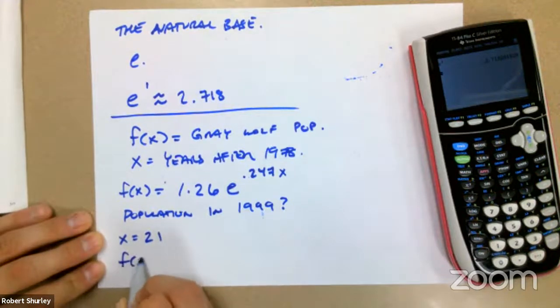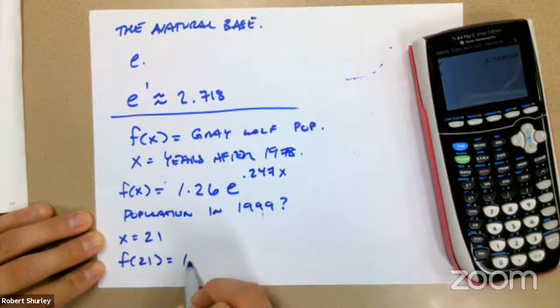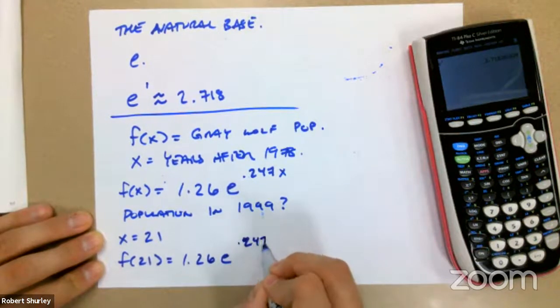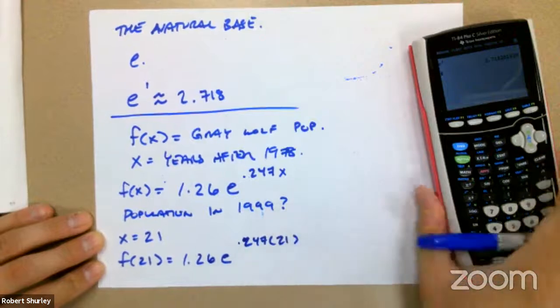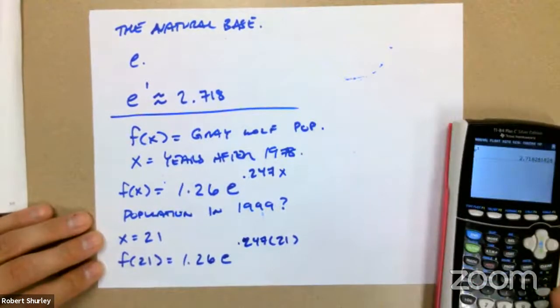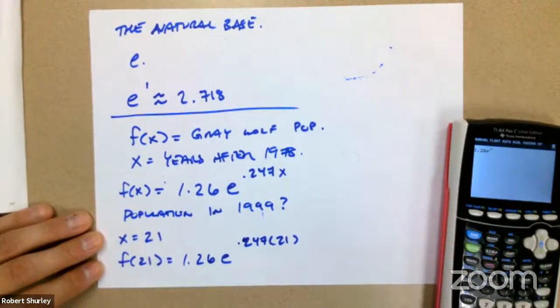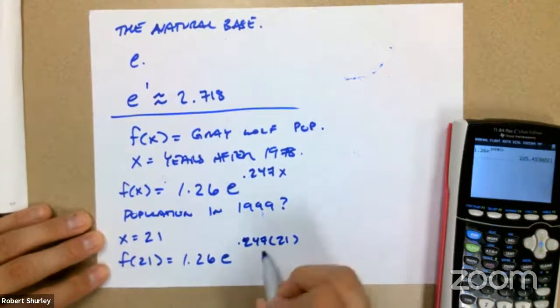We're going to plug it in. F of 21 would be 1.26 e to the 0.247 times 21. So you get 225.